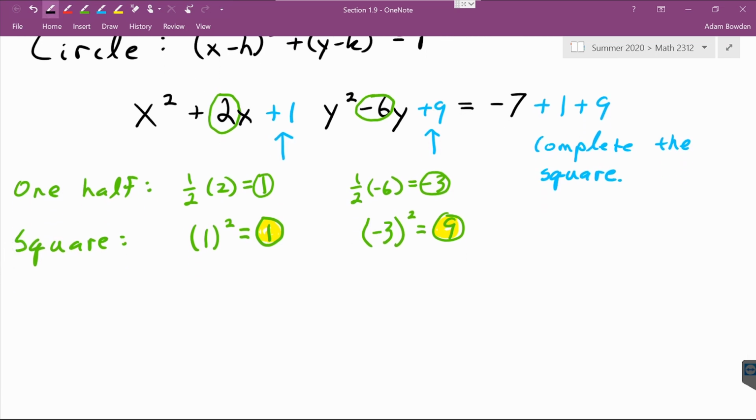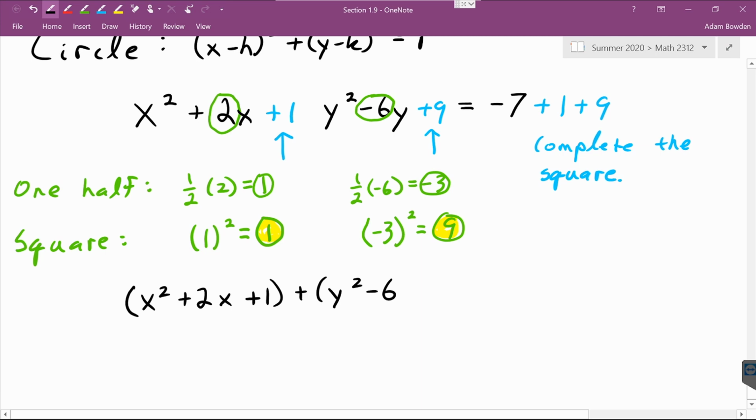Now this allows me to put them together as two trinomials, because there are 3 terms apiece. On the other side of the equation, it's negative 7 plus 1 plus 9, which would be 3.